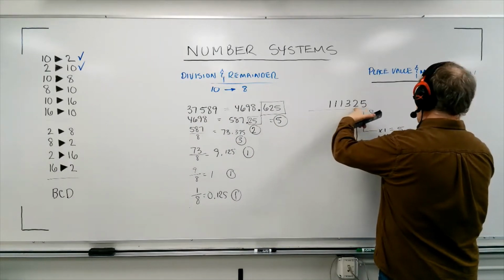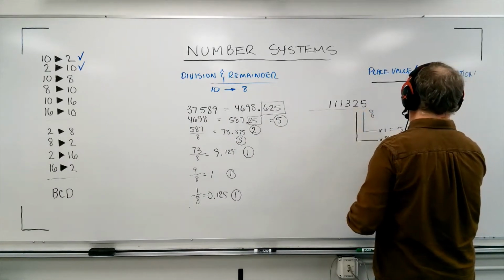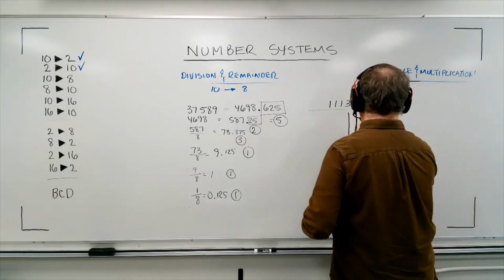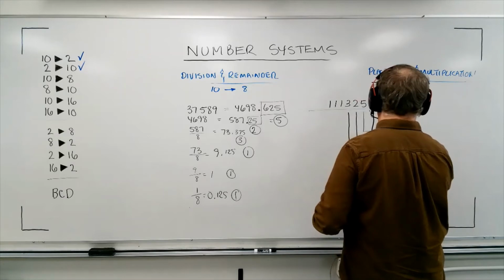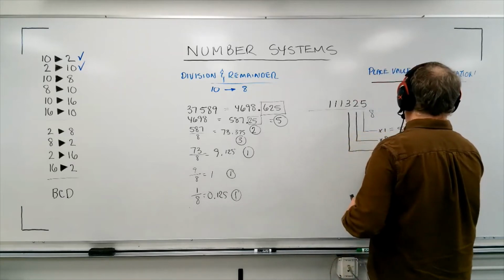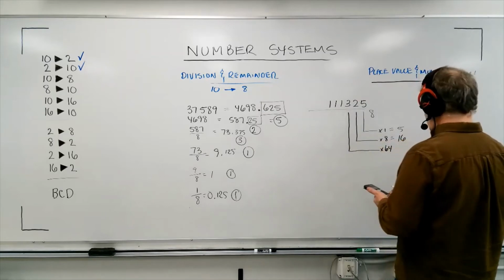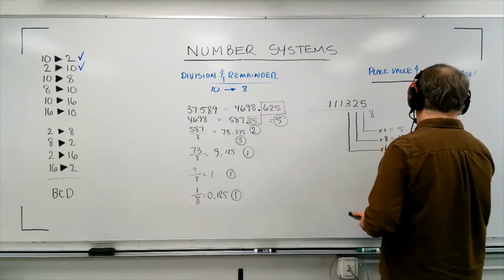It's 8. So 2 times 8 equals 16. What is our third space worth? 3 times 64. And so that's going to be 192.